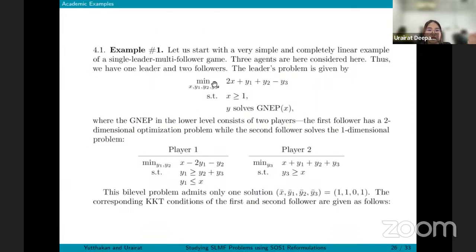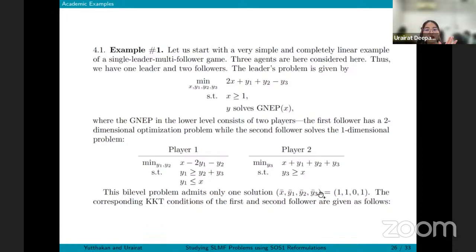In this example, this is the cost function of the leader, and this is g(x,y), the constraint of the leader. The followers have 2 players: this is the problem of player 1 and this is the problem of player 2. In this example, the solution is 1, 1, 0, 1.